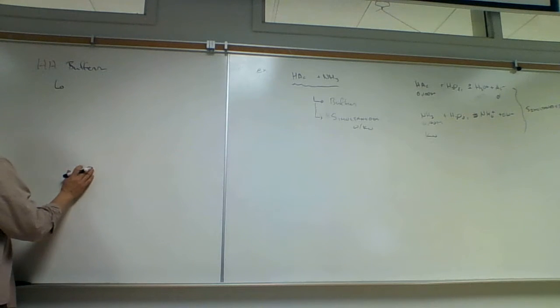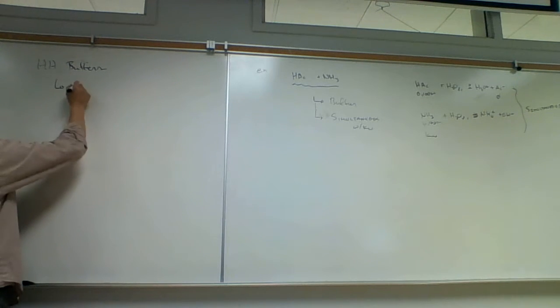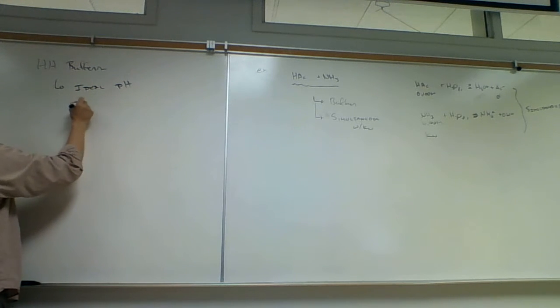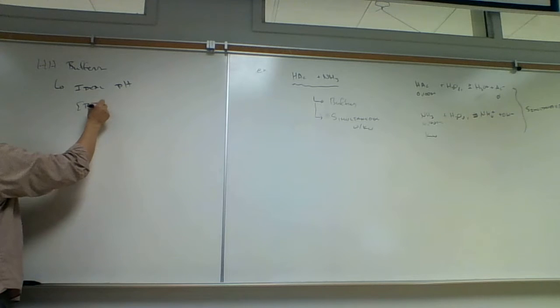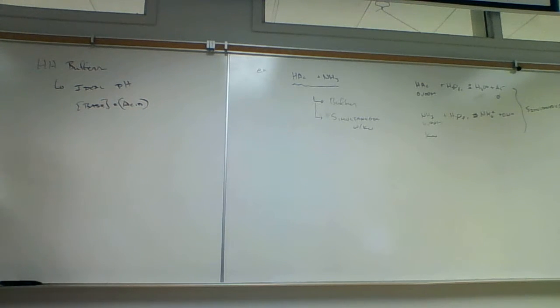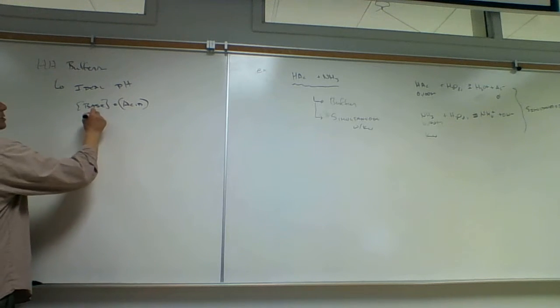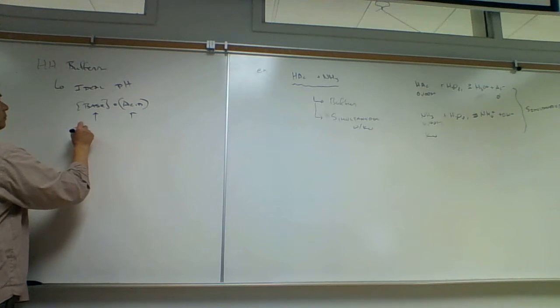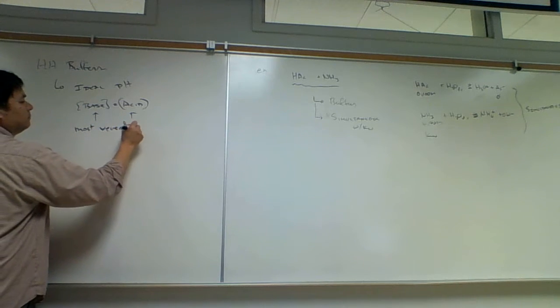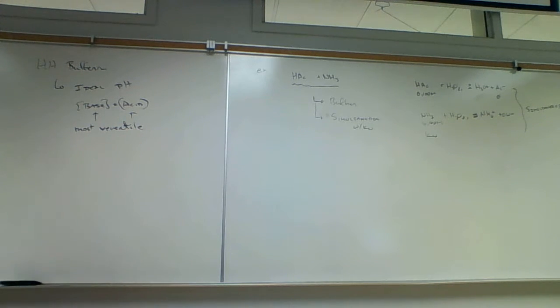And so we have something called the ideal pH. Ideal pH is when the base concentration equals the acid concentration. And the reason it's ideal is because this is the most versatile. We have something called capacity. And the capacity is the ability to neutralize added acids and added bases, like strong acid HCl or strong base sodium hydroxide.